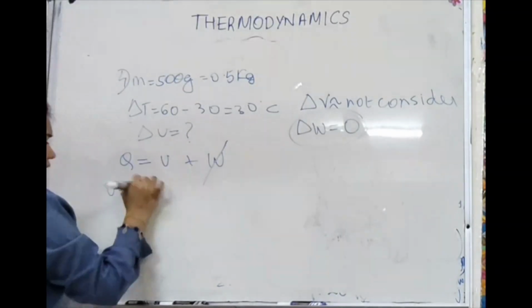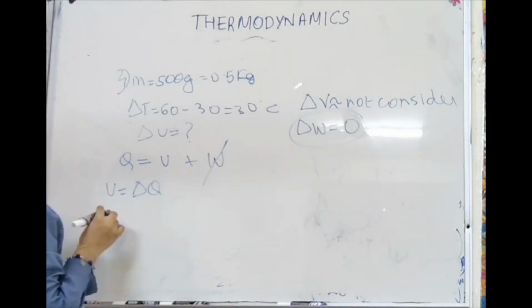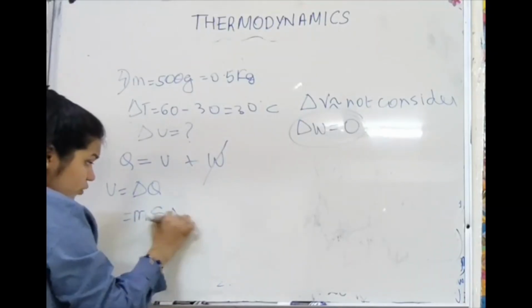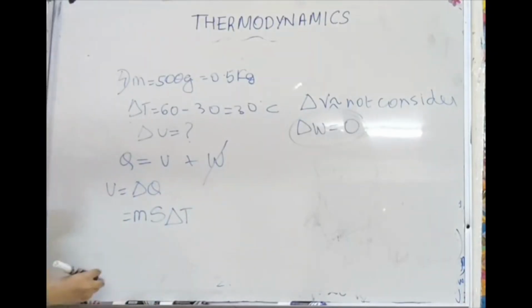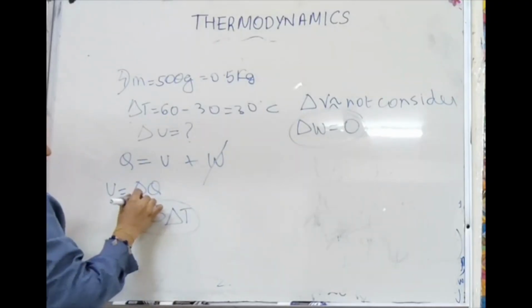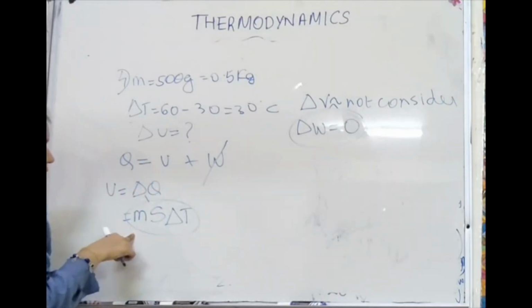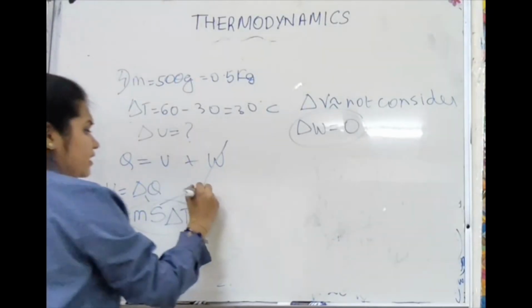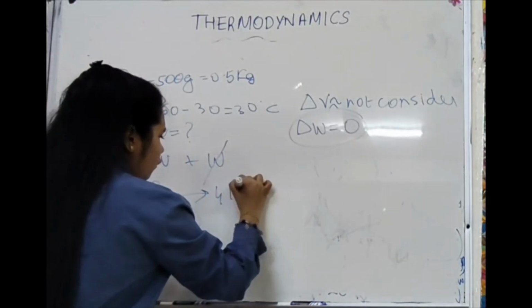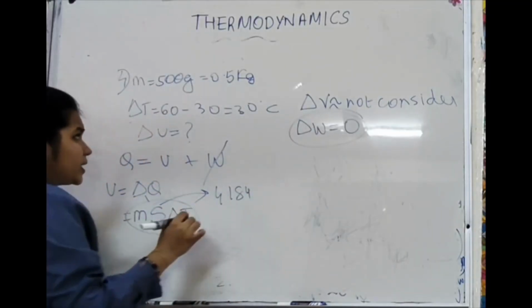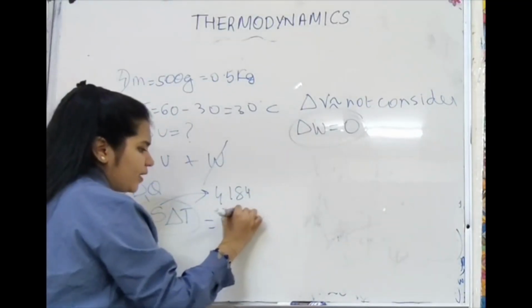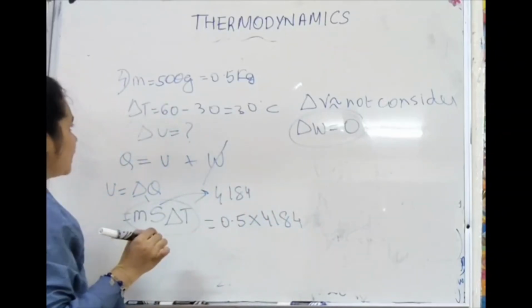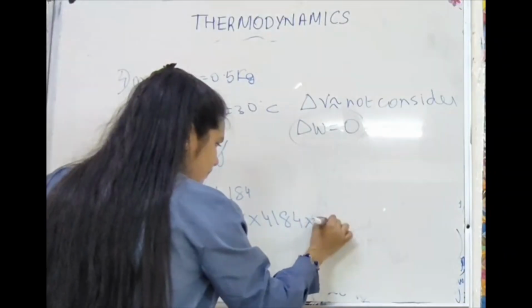Delta U equals delta Q, and let's use this formula: M, specific heat, into temperature. You have to know this formula, delta Q equals M into specific heat into delta T. Specific heat is given in the question, 4184. So let's just substitute 0.5 into 4184 into 30.